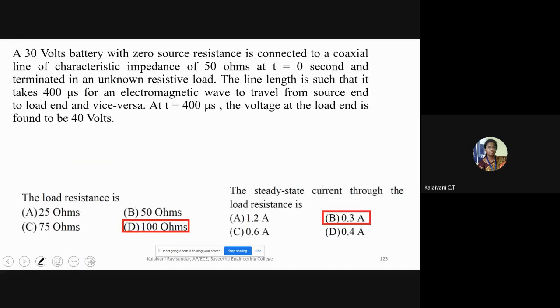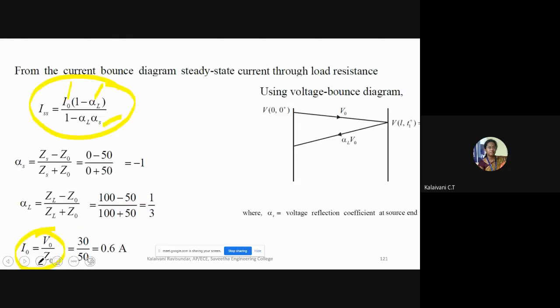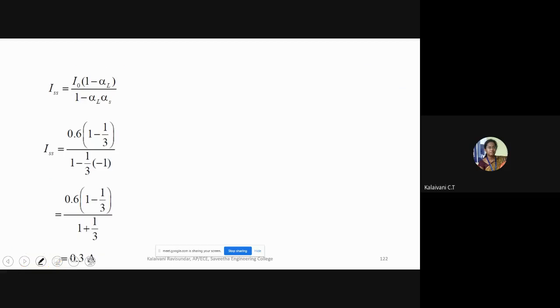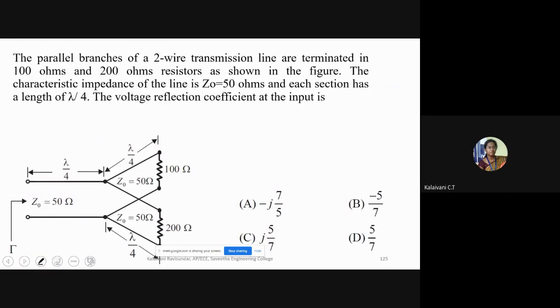So the answer is 0.3. It's very important to remember the equation of steady state current. Next, question 28, and this is very easy.